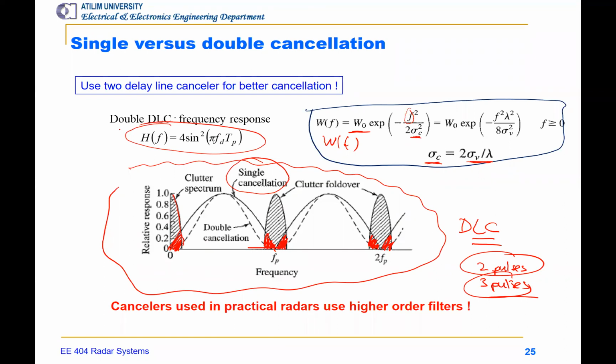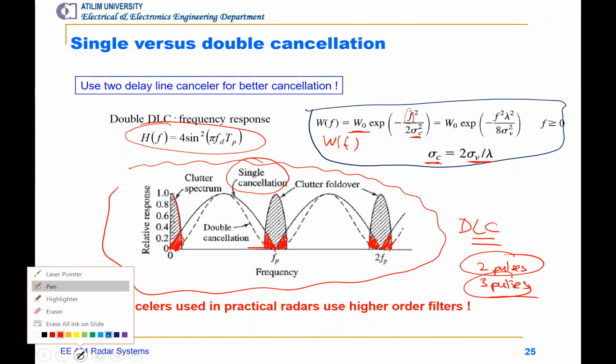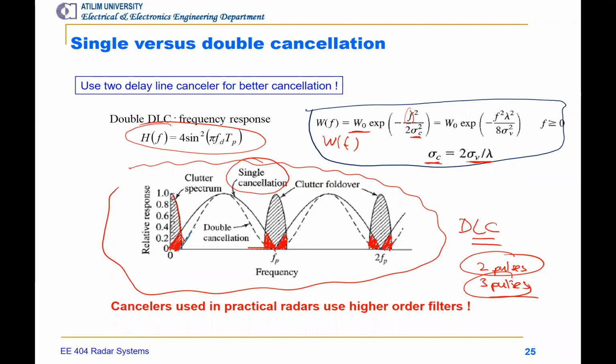So very similar to single cancellation, it's the square of that. It's smooth, as you can see. So we can somehow get rid of this clutter effect. We can reduce the effect of clutters by using double cancellation.